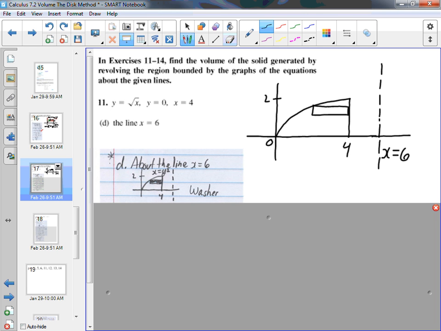So that's a dy again, isn't it? dy. So everything's got to be in terms of y. So instead of labeling my y equals square root of x, I now know to call that x equals y squared.